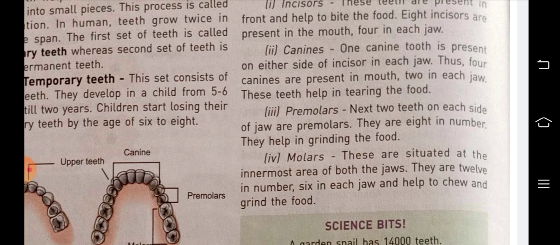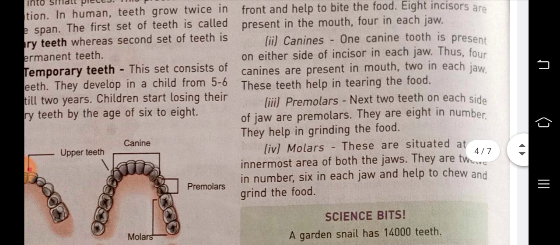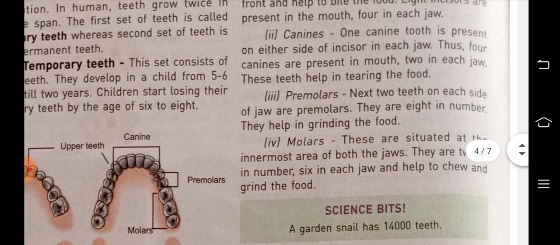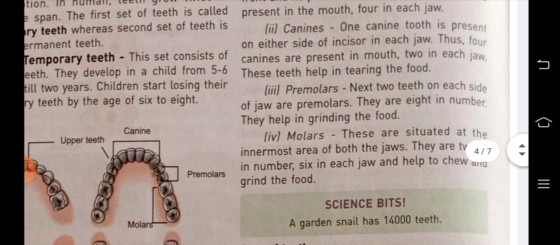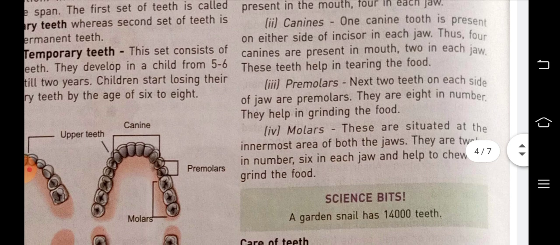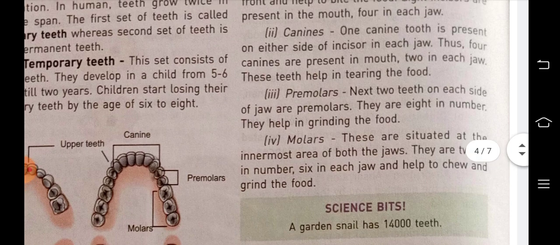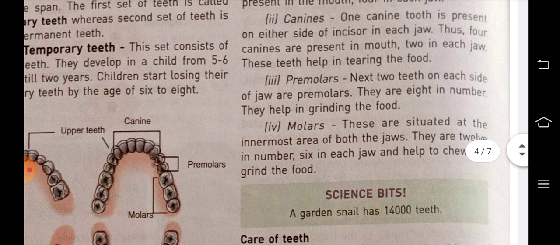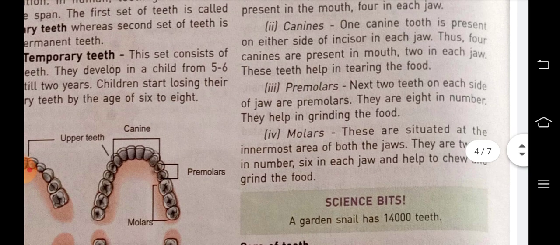Canines, one canine tooth is present on either side of incisor in each jaw. So, 4 canines are present in mouth, 2 in each jaw. And these teeth help in tearing the food.